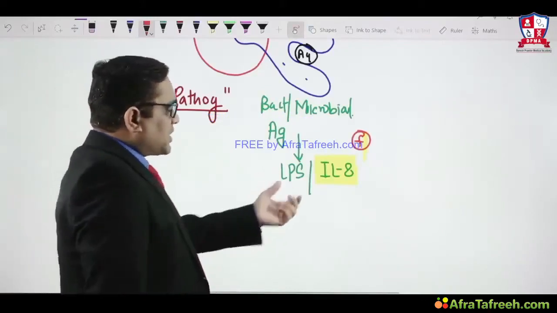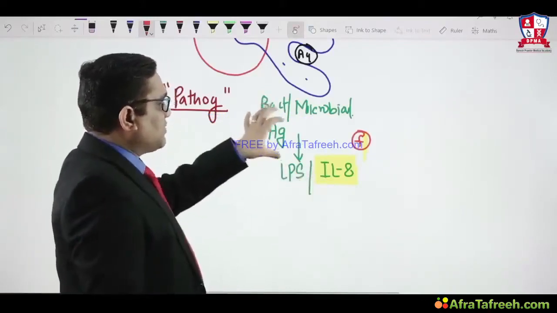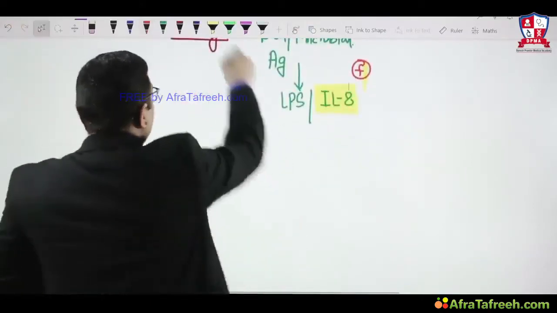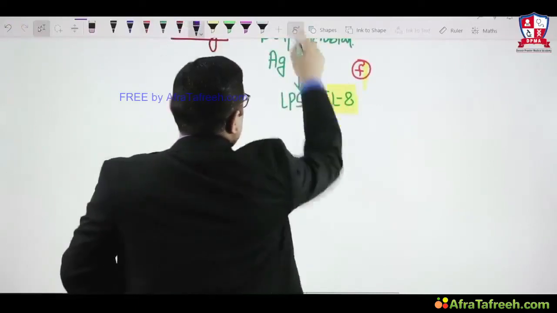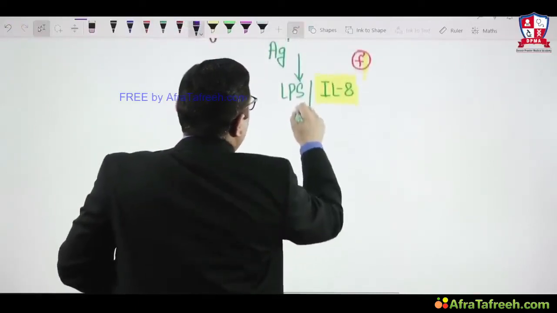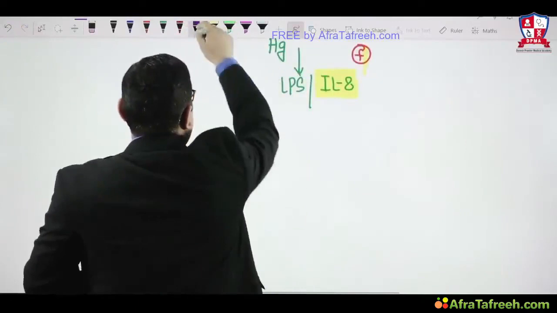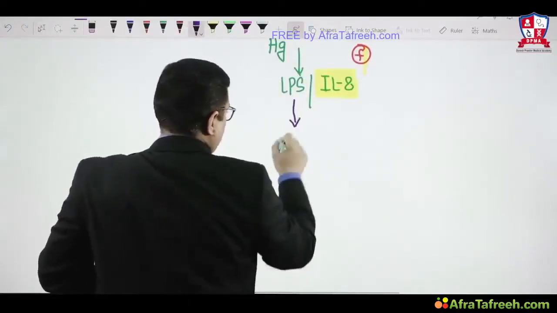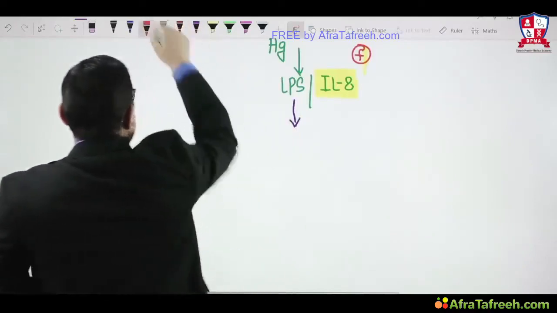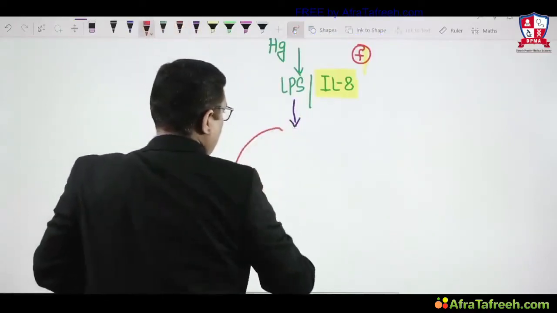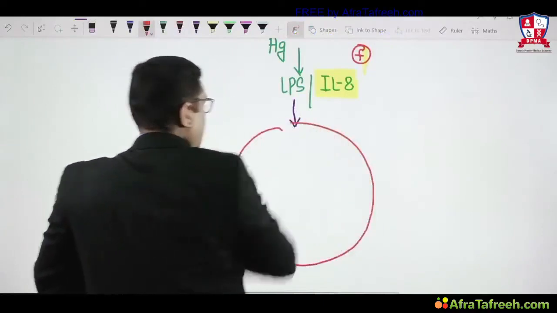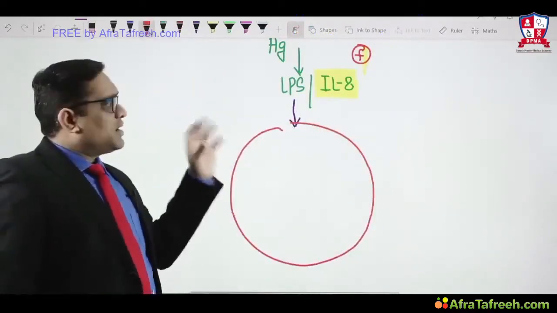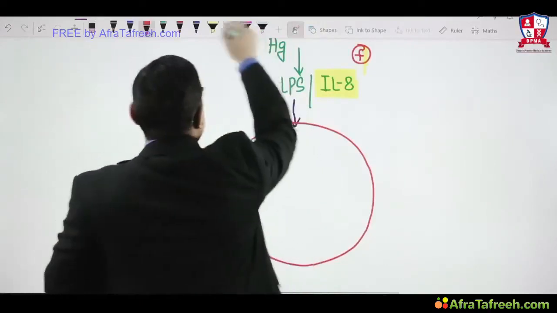When lipopolysaccharide or interleukin 8, which has been activated by bacteria or microbial antigen, will activate the neutrophil. Suppose I am making another neutrophil. Because of the lipopolysaccharide and interleukin 8, they will be activating the neutrophil.